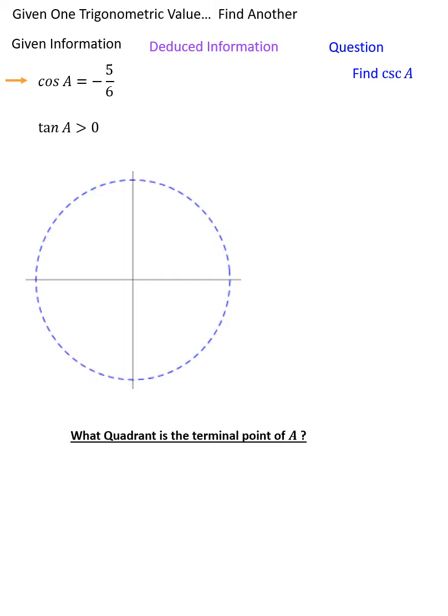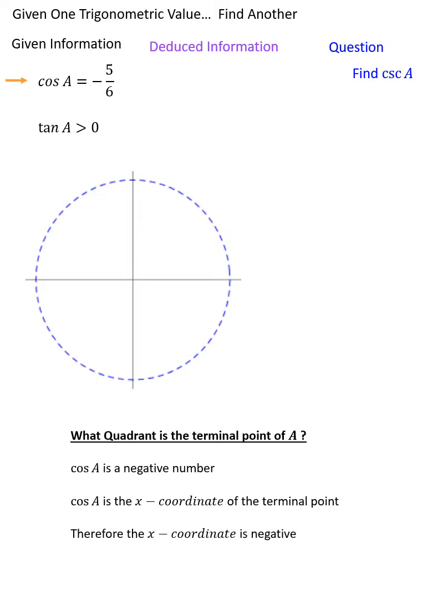They told us that the cosine of A is -5/6. Ignore the 5/6 for the moment and just think about the cosine of A being negative. So the cosine of A is a negative number. But remember, the cosine represents the x-coordinate. And therefore, the x-coordinate is negative.